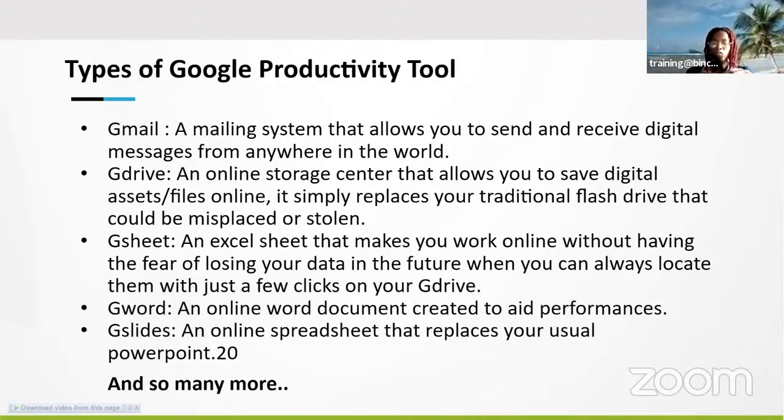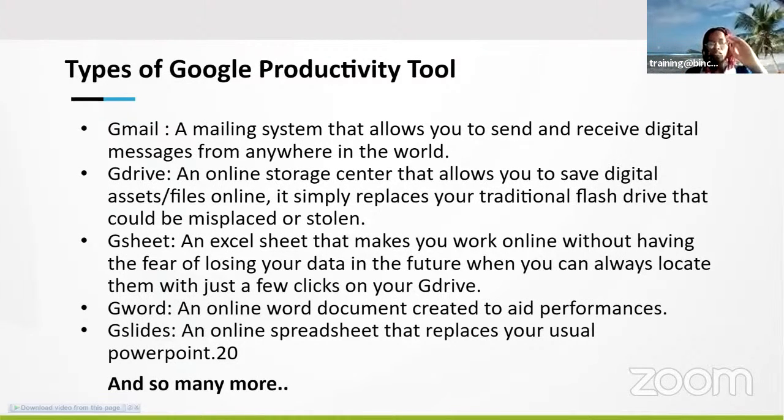So it's really where you can do any of your data logging and all that. So we have the Google Word as well, which is like Microsoft Word. So any of your wordings, documents, reports, documentation is normally done there. And then we have the Google Slide, which most of us use for our slides as well.